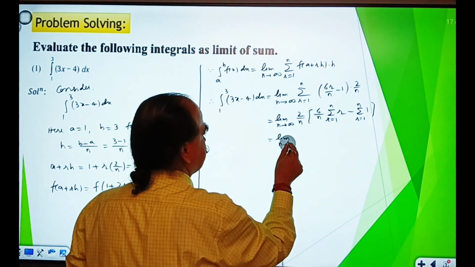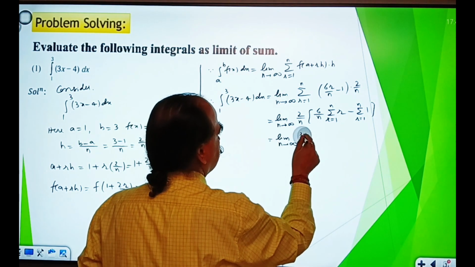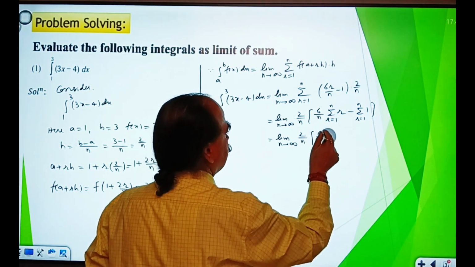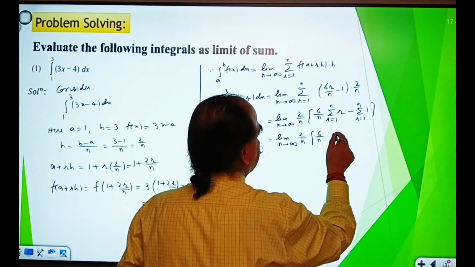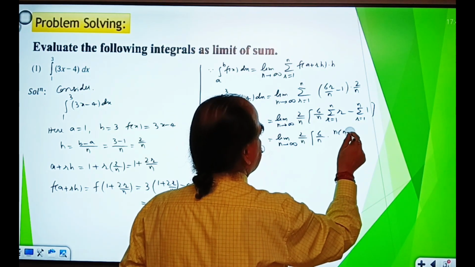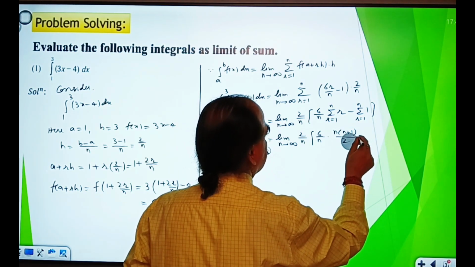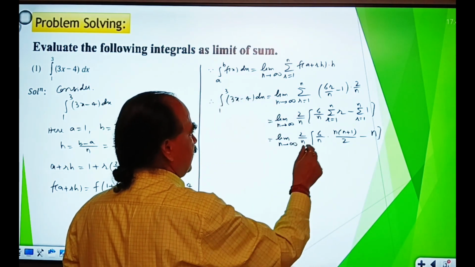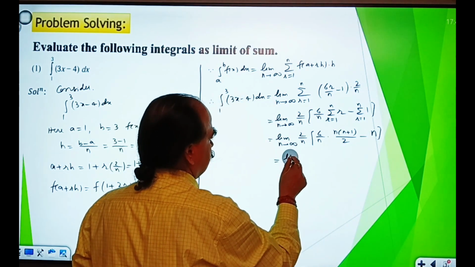Limit n tends to infinity, 2 by n bracket 6 by n. What is sigma r? It is n(n plus 1) upon 2, minus n.